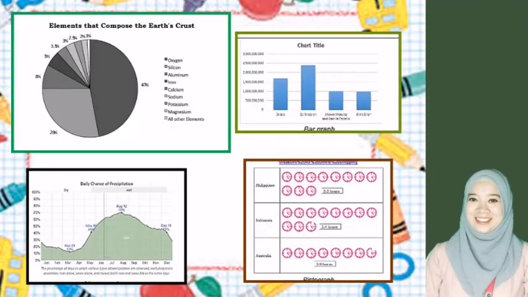Now, for this moment, I have here some pictures to be shown to you. First, I have here a picture of a pie that shows the elements that compose the earth's crust. Next, I have here a chart that shows a graph about the grade level achieved in each school year.